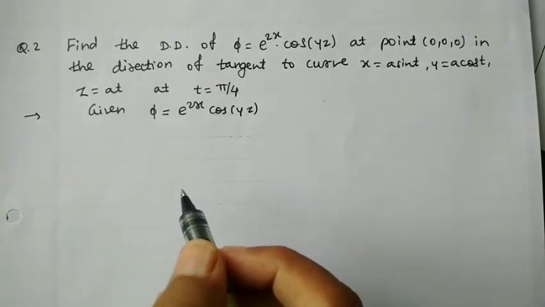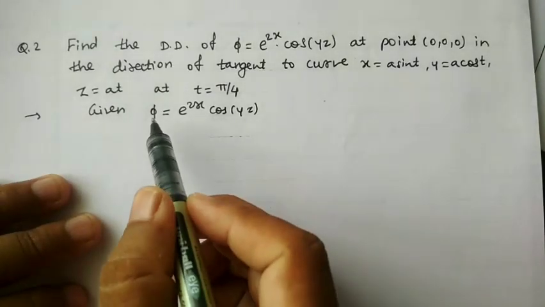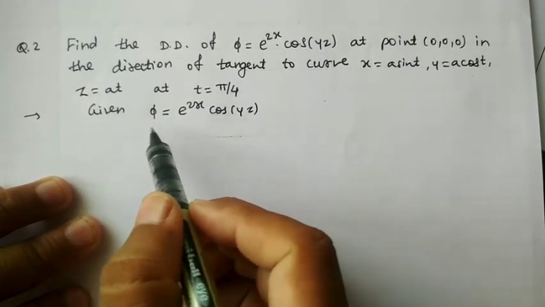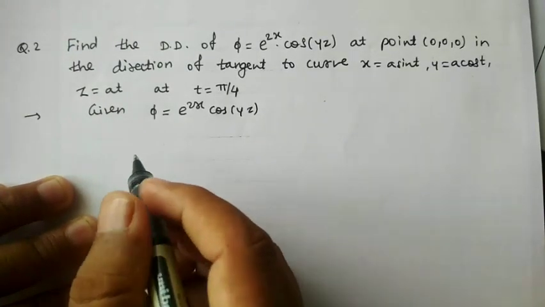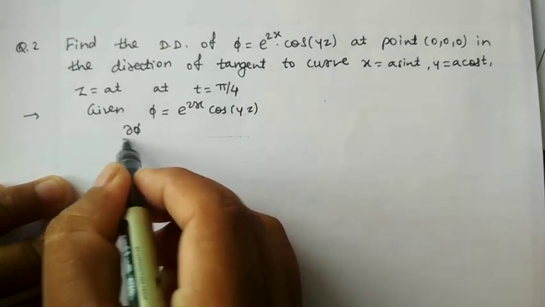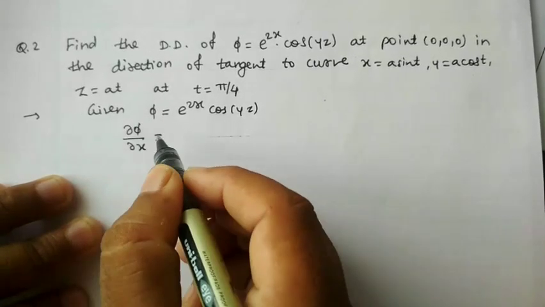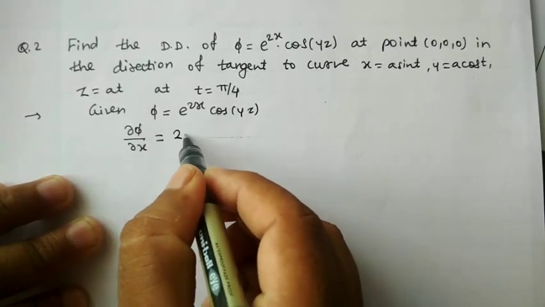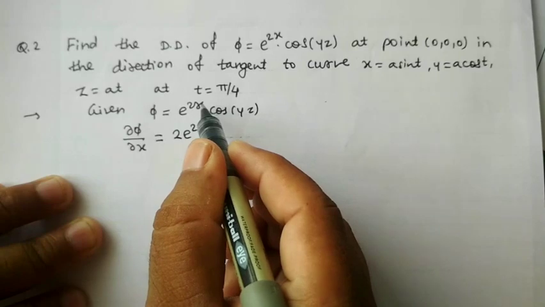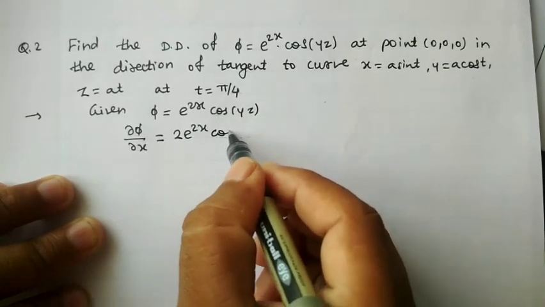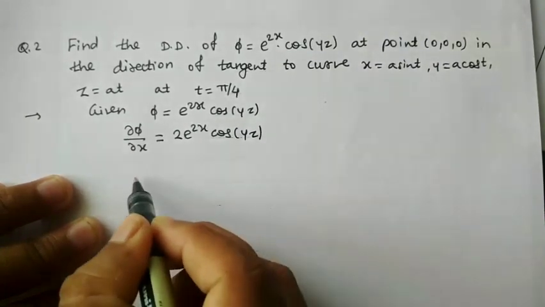First of all, we calculate the partial derivative of phi with respect to x, with respect to y and with respect to z. The partial derivative of phi with respect to x is 2 into e raised to 2x cos of yz, since the derivative of e raised to 2x is 2 e raised to 2x.